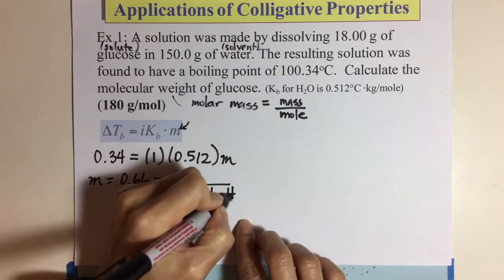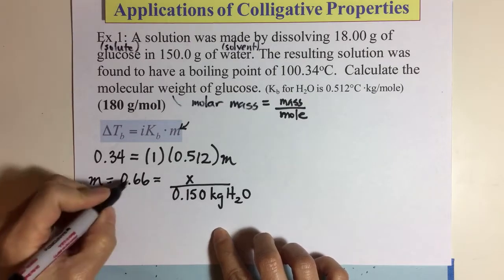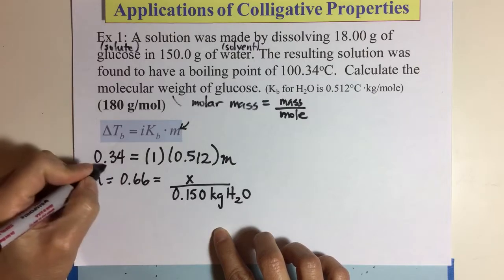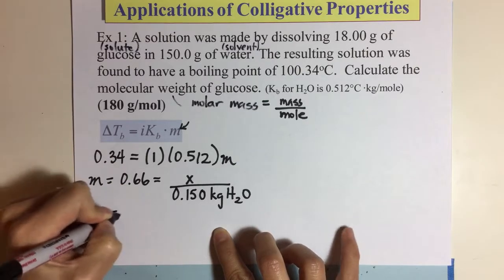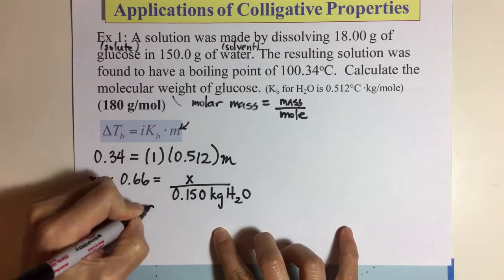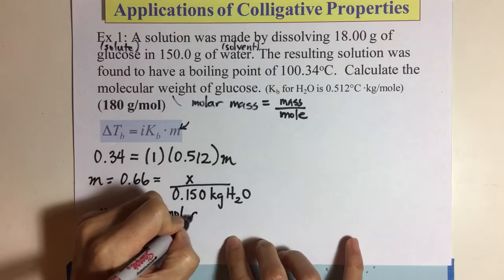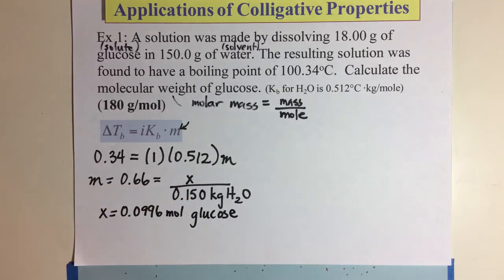So this is how much water we have. So we want to figure out the moles of solute from the molality that was given for the solution, given its boiling point elevation. So x, which is your moles of your solute, ends up being 0.0996 moles of glucose. And again, labeling is so important as you're analyzing all of these parts of these units.